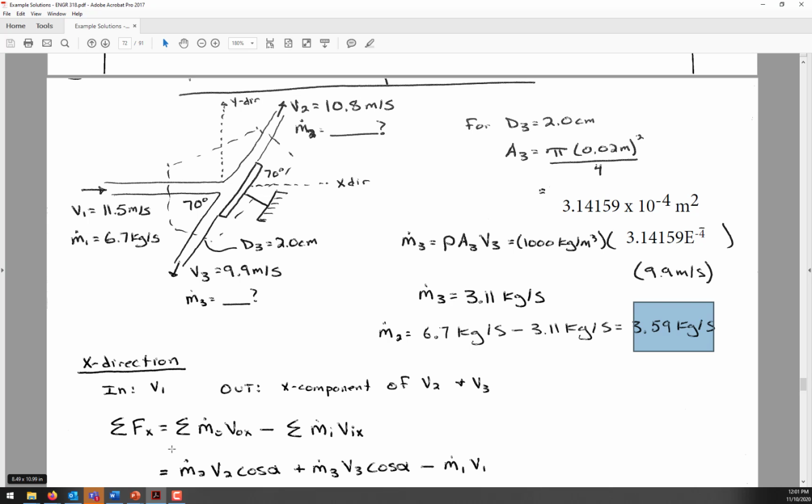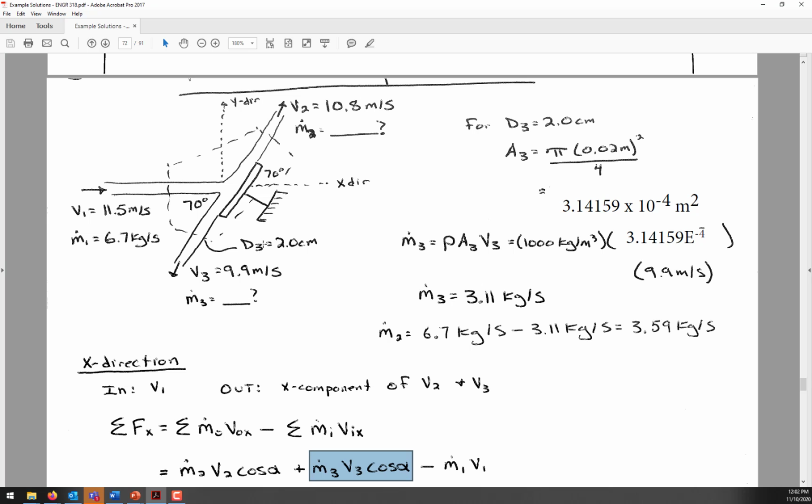It's the mass flow rate at 2, which is the stream at the top, multiplied by the velocity at 2 and the cosine of the angle, because the cosine of the angle gives us the component of the velocity in the X direction. Since it's changing direction by 70 degrees, more of the velocity is going to be vertical than horizontal. Then we add the term for the stream at 3.